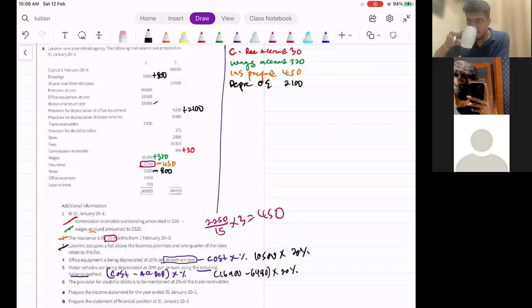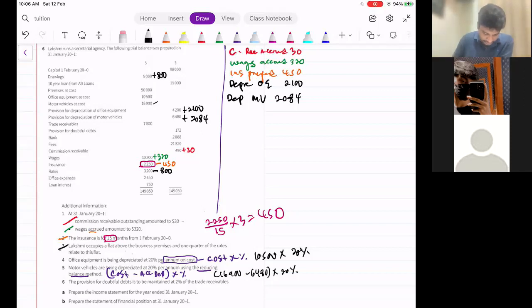Yeah, 2084. Depreciation motor vehicle 2084. And then accumulated depreciation plus 2084.